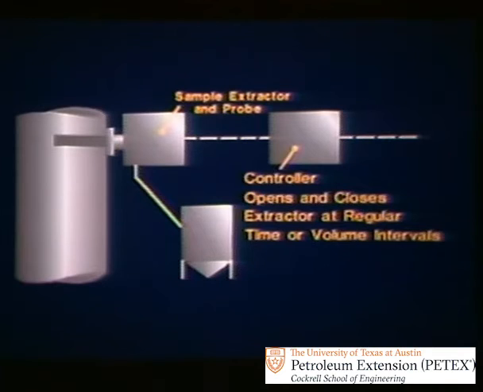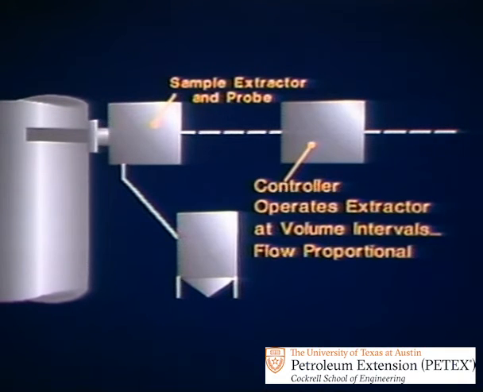The controller is an important component. It operates the extractor. That is, it automatically opens and closes the extractor so that it grabs a sample from the pipeline at regular time or volume intervals. Now, if the controller operates the extractor at volume intervals, the sampling is said to be flow proportional.